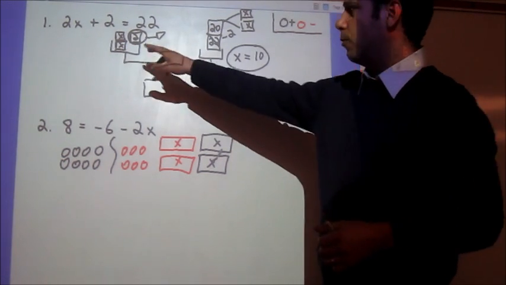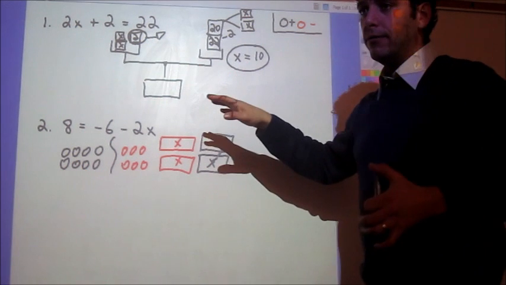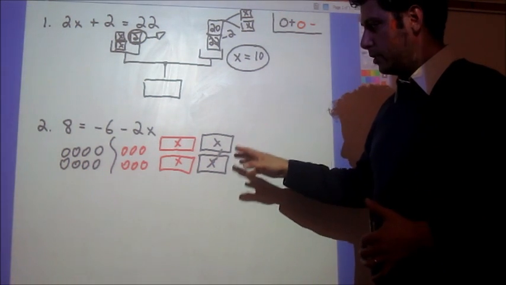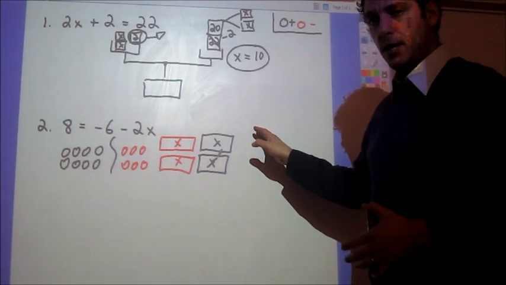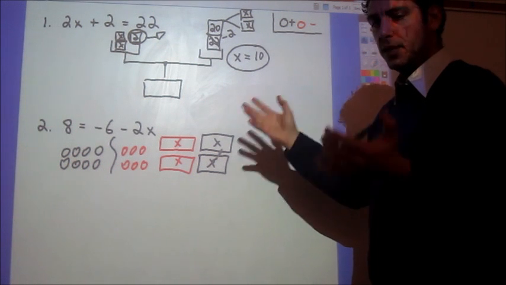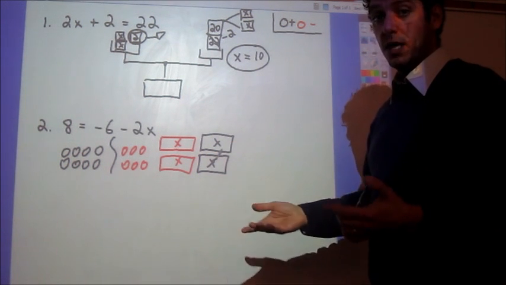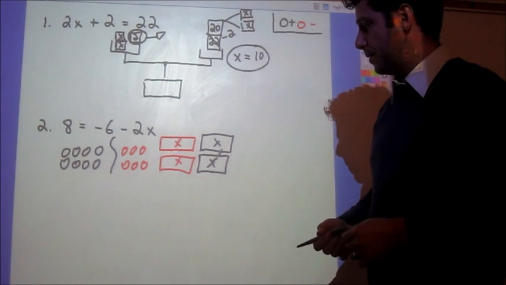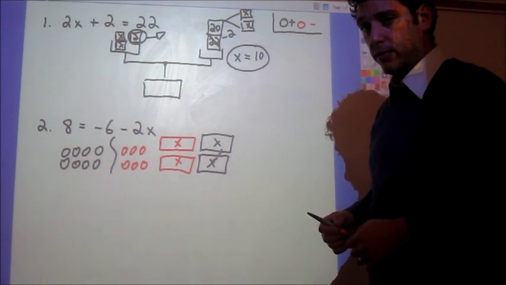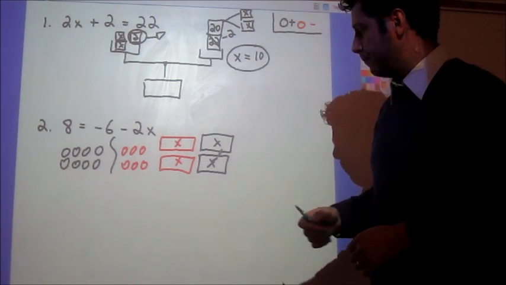Now, if you remember your balance scales model, you can essentially do whatever you want to one side of the equal sign as long as you do it to the other side to keep things balanced. So do what you must do in order to solve the problem. In this case, this is going to help me solve the problem. Watch how it does that.